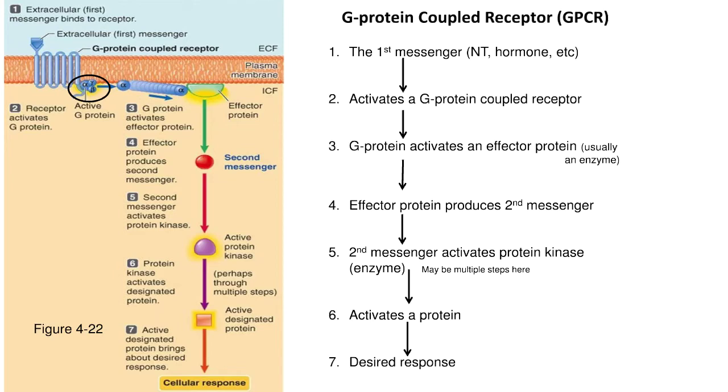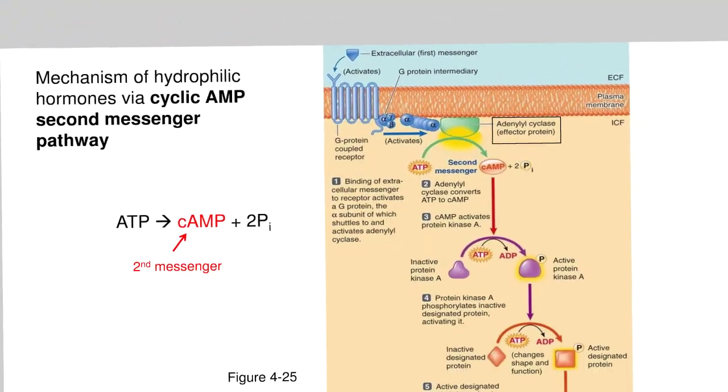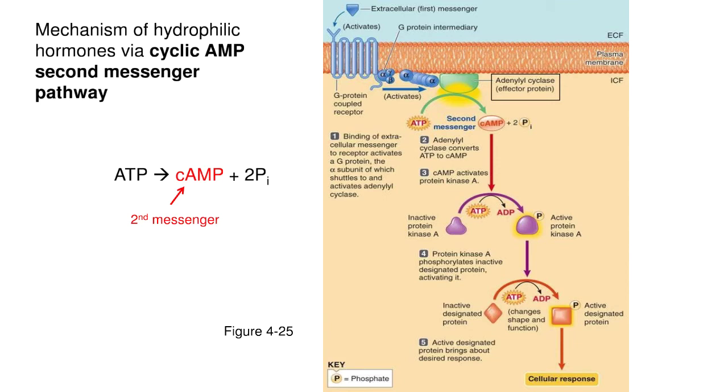And let me give you a more specific example. I'm going to actually label in here the second messenger this time, and we'll even label the effector protein. So again, look at the top. We have a hydrophilic hormone binding to the receptor.